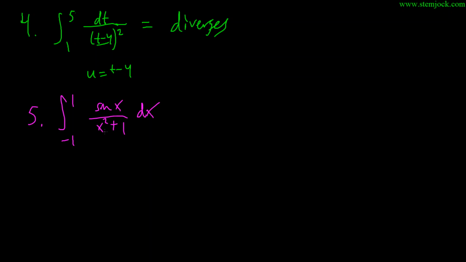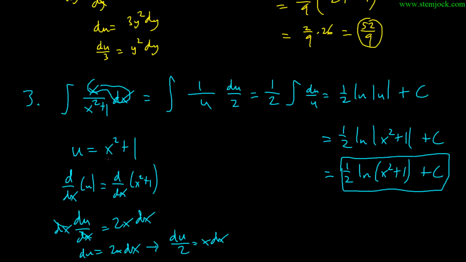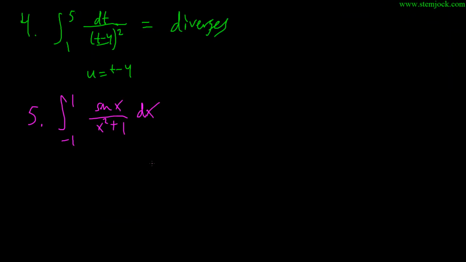I set u equal to x squared plus 1 on the bottom, and we found that du is going to be 2x dx. But the problem is that in the numerator we have sine x, which is a completely different function. So there's actually a trick to this problem here.